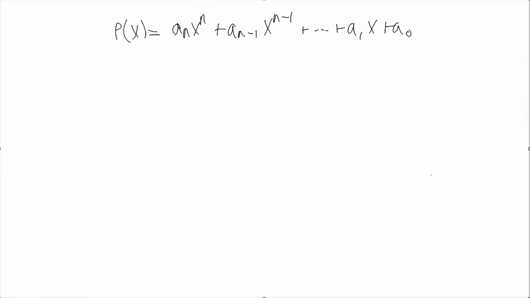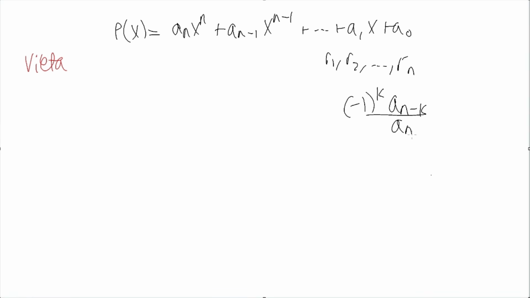So these are the coefficients. And suppose that it has roots r1, r2, all the way to rn, as guaranteed by the fundamental theorem of algebra. Then what Vieta's formulas tell us is that the kth elementary symmetric sum is equal to (negative 1) to the k, a_(n-k) over a_n.